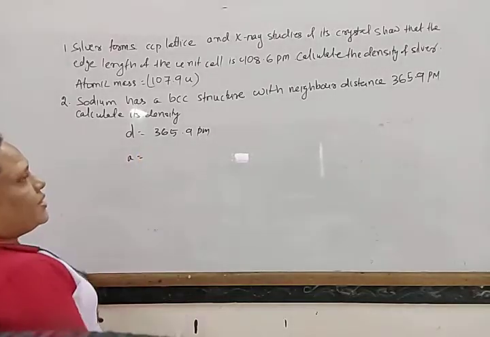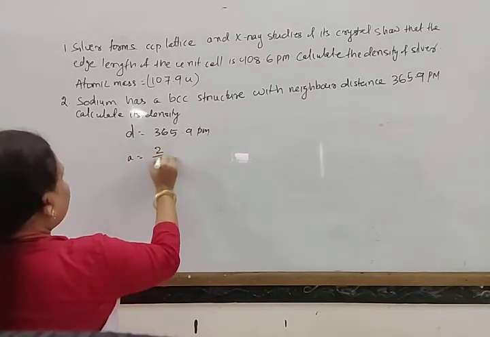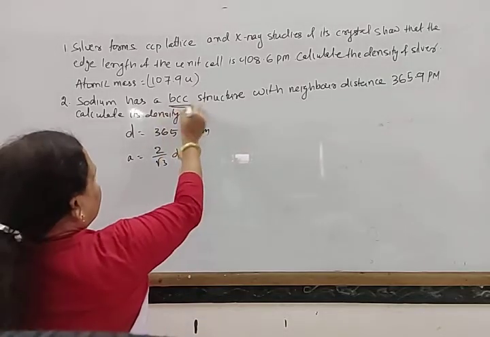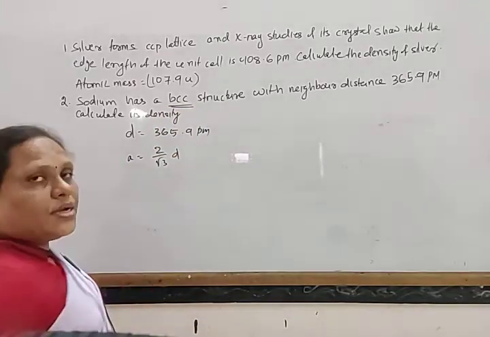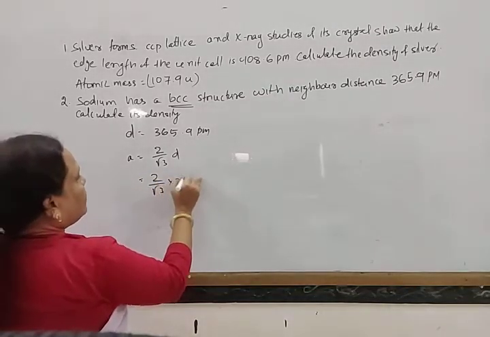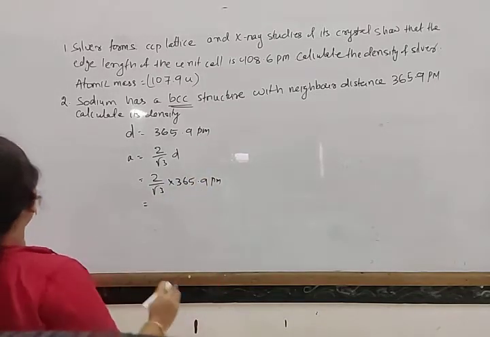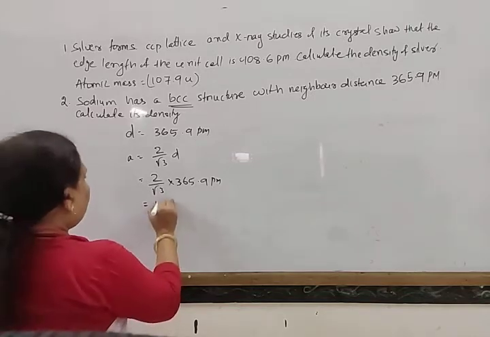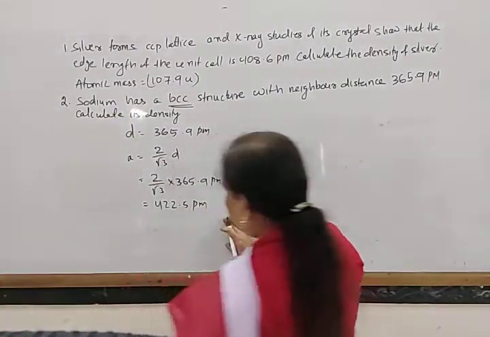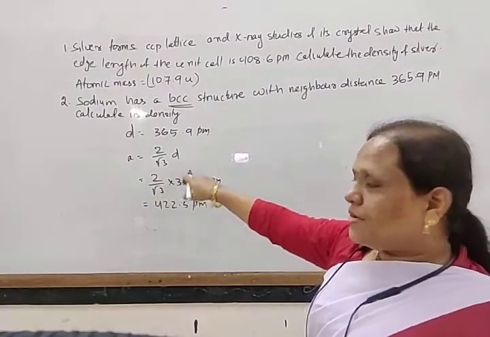First you have to find out the edge length A. For BCC structure, A equal to 2 by root 3 into D, that is 2 by root 3 into 365.9 picometer. This value equals 422.5 picometer. Calculate it with the help of a calculator. Root 3 value 1.73, put this and you can find out.